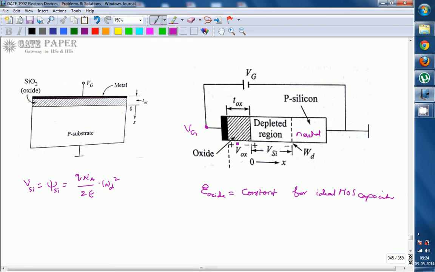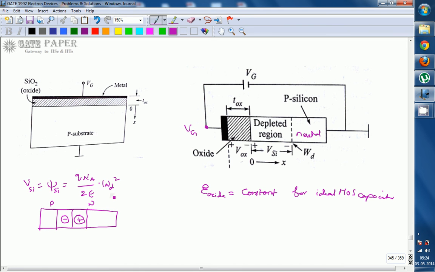Next, how is the electric field going to look in the depletion region? If you observe a p-n junction, this is the p side and this is the n side with a depletion region, consisting of negative ions on the p side and positive ions on the n side. Let us assume they are uniformly doped.